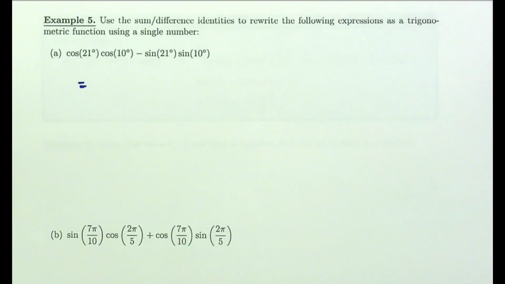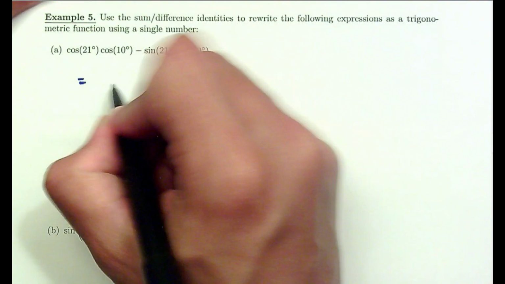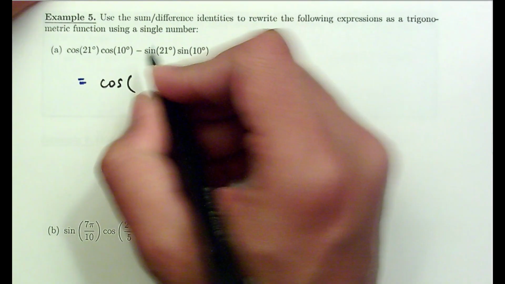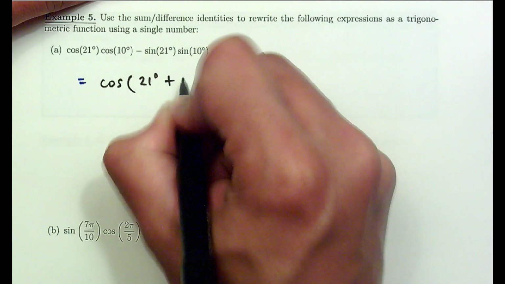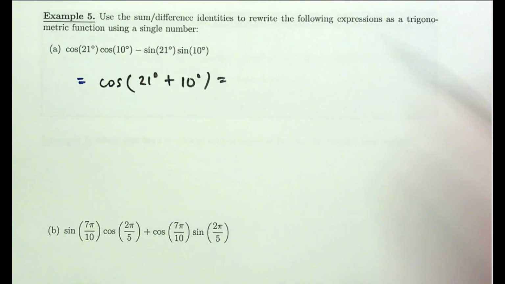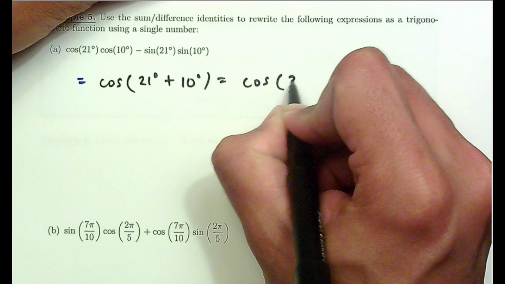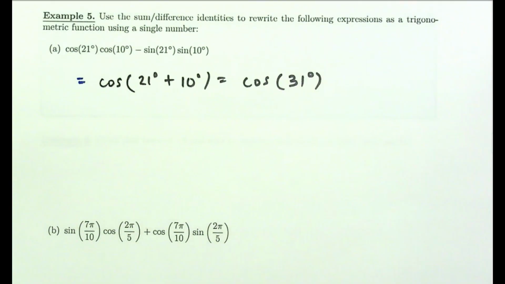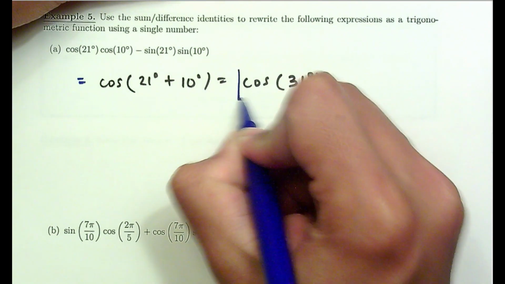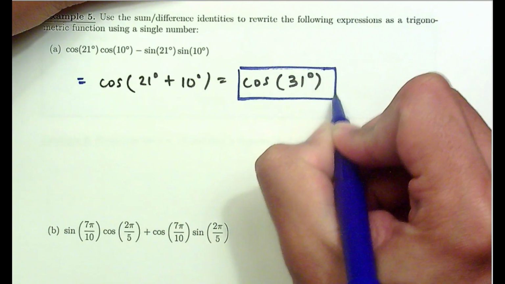So matching this one, that's a sum inside the cosine. So this is cosine of 21 degrees plus 10 degrees. And simplifying, this is cosine of 31 degrees. That's not a special angle, so we just leave it like that. We just simplified the whole thing to a single cosine.